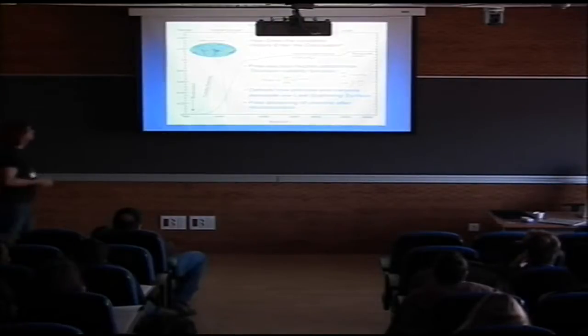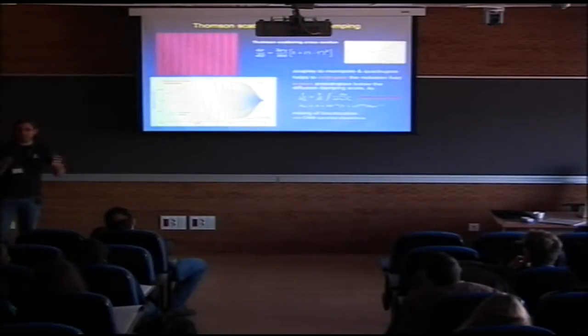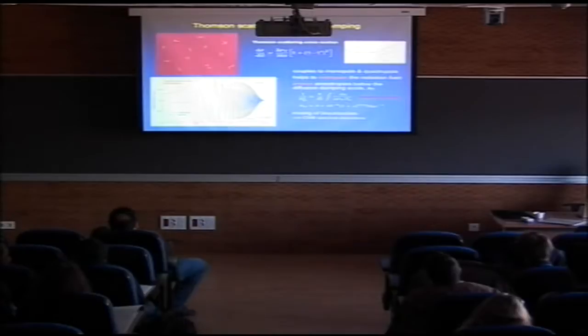Okay, so I mentioned silk damping, and this is of course nothing else than the effect that when you have the chance to diffuse around as a photon, performing a random walk, traveling from your initial point to some final point, you're erasing perturbations. You're basically mixing photons by the scattering events of Thomson scattering, which you all have seen, this formula.